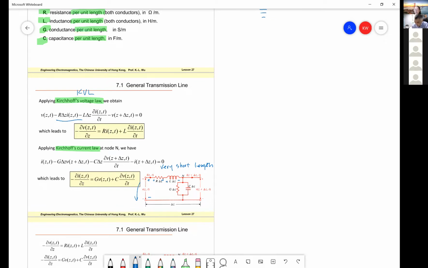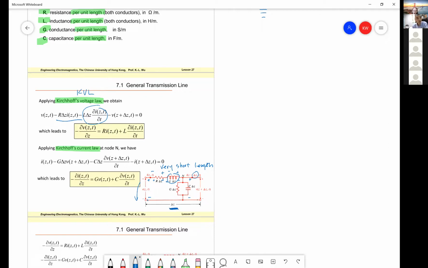So this is our definition of voltage. We have a voltage across inductance, and then the voltage here is after a very short length. Don't forget, from here to here we have a certain length.